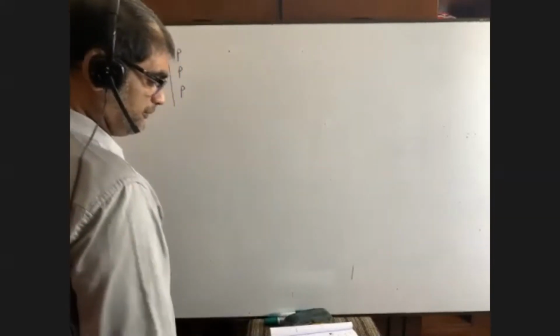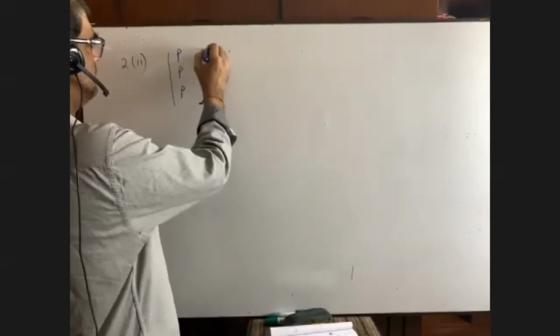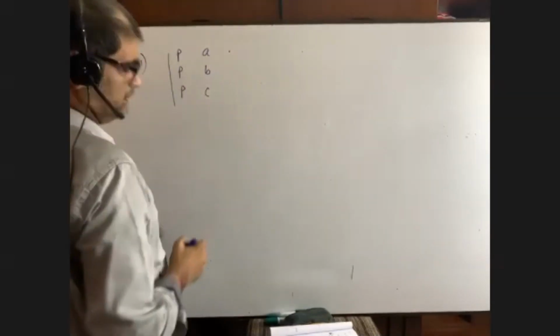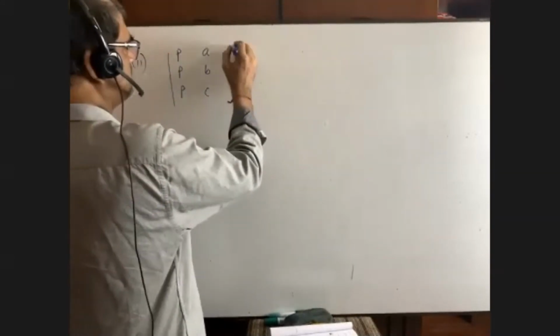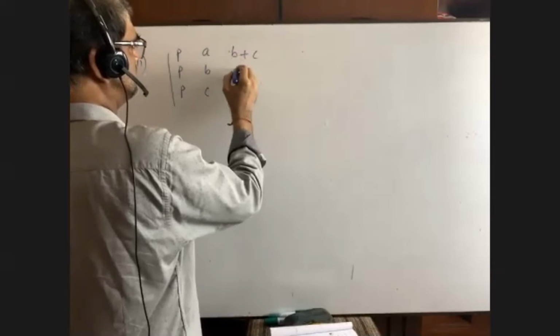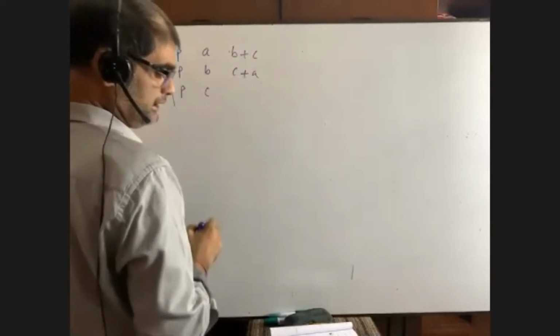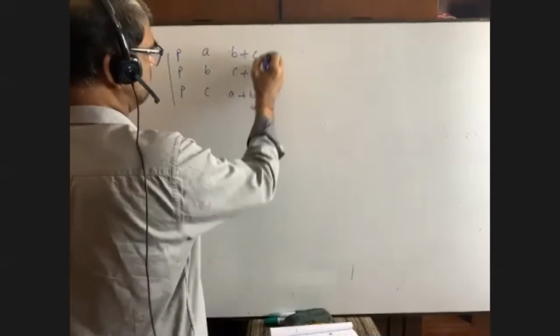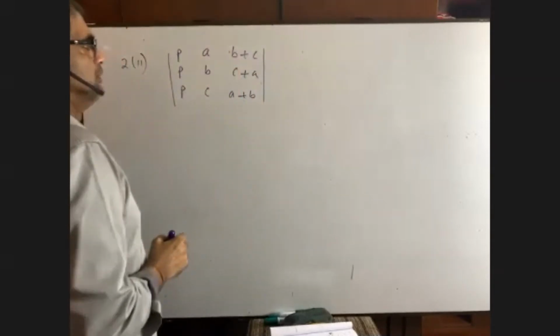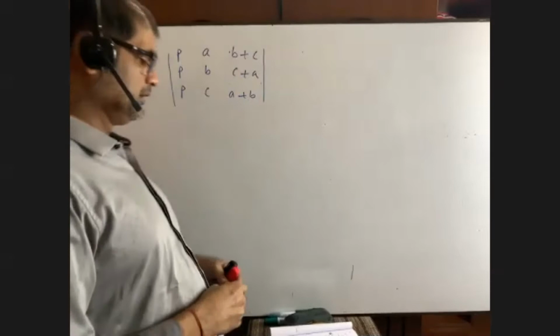And it is given A, B, C. Now it is given B plus C, C plus A, then A plus B. This math can be done in 5 ways. How many ways? 5 ways.